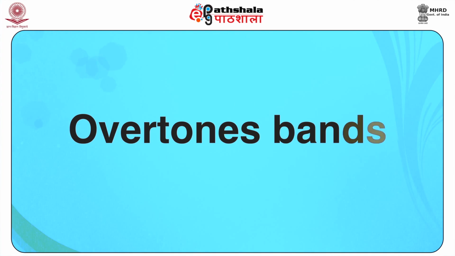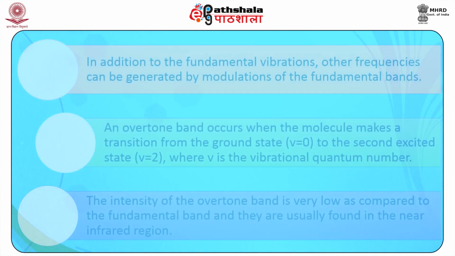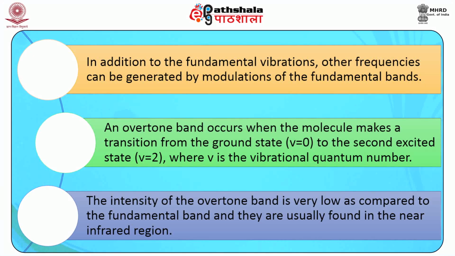Let us come now to overtone bands. In addition to the fundamental vibrations as studied before according to the selection rules, other frequencies can be generated by modulations of the fundamental bands.